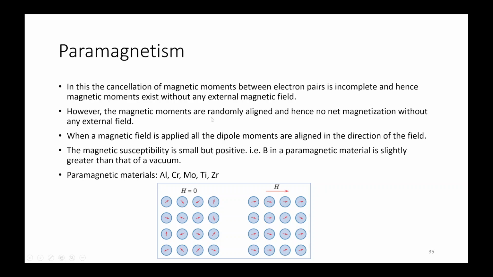However, the magnetic moments are randomly aligned, hence no net magnetization without an external field. When a magnetic field is applied, all the dipole moments are aligned in the direction of the field and the magnetic susceptibility is small but positive. So here the value of B in a paramagnetic material is slightly greater than that of vacuum. Paramagnetic materials are aluminium, chromium, molybdenum, titanium, and zirconium.